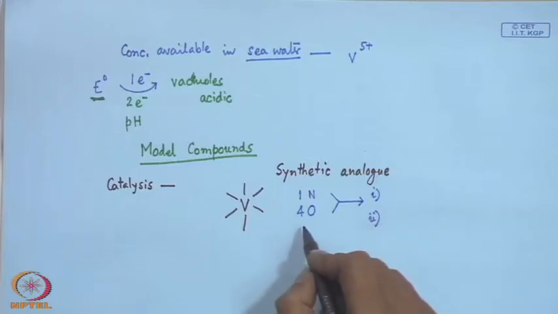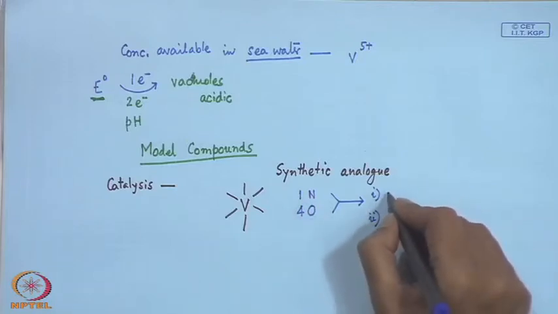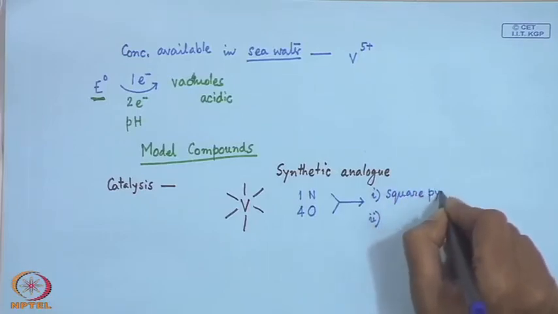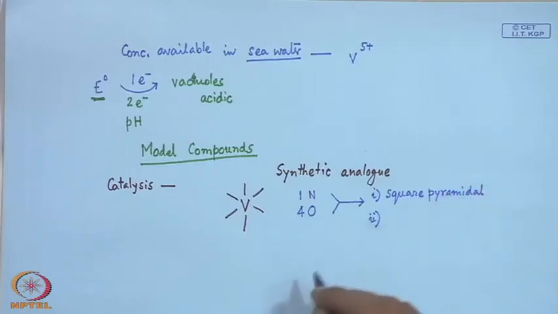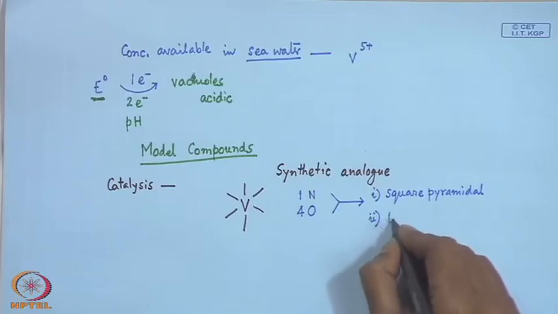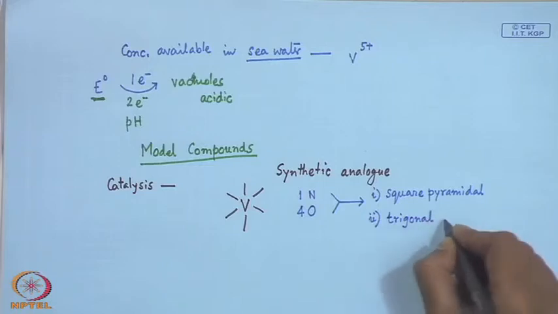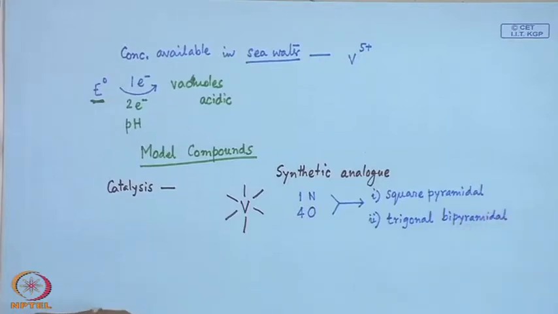Once we have a ligand system based on 1 nitrogen center and 4 oxygen centers, for square pyramidal and trigonal bipyramidal geometries.